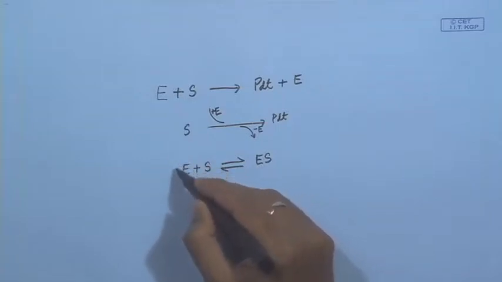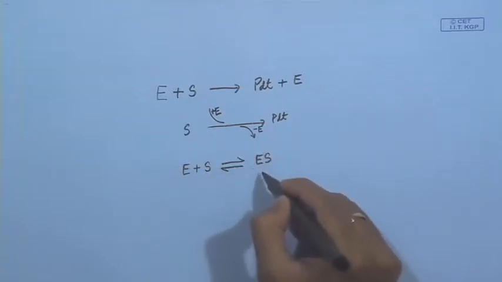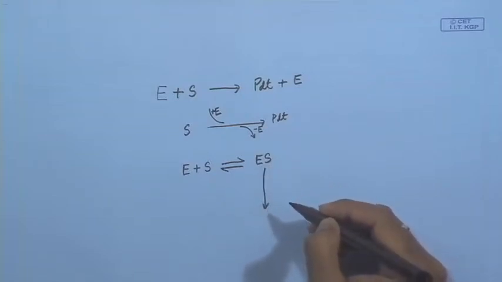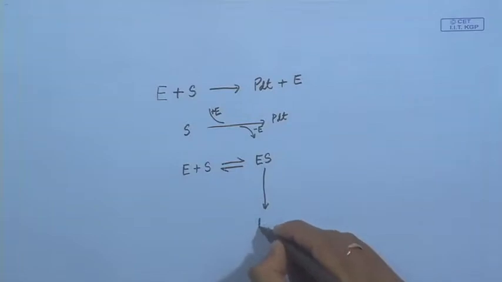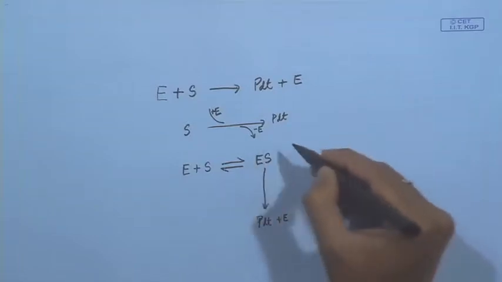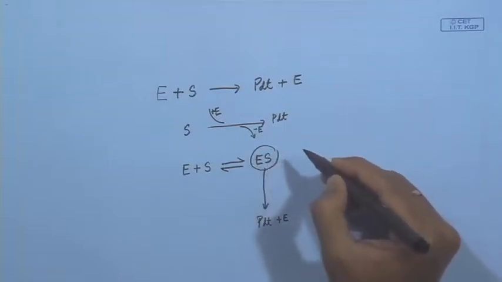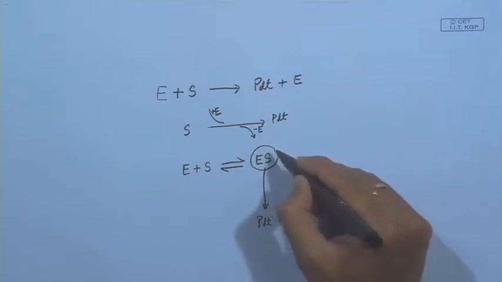So, this is your reactant side, this is your intermediate, and this enzyme substrate complex will further undergo reaction to give you product plus enzyme back. So, basically this is the intermediate, and we may have to apply the steady state approximation onto this. Okay.